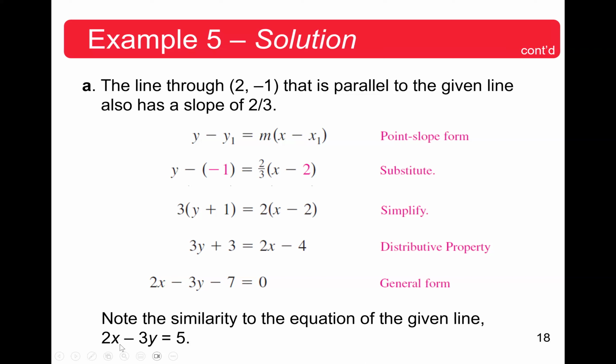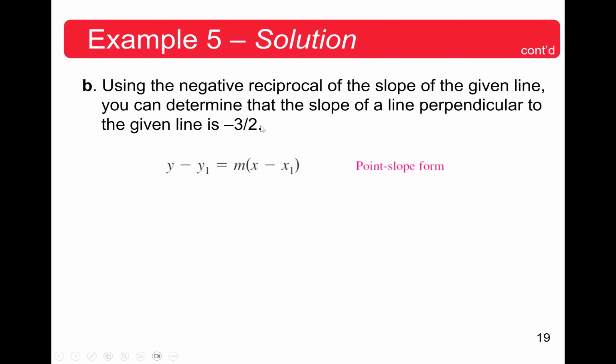So this is the case when the line is parallel. Now when it's perpendicular, it's the same line, so the only thing that will change here is the slope. Now the slope is -3/2. So we plug in our point and the slope: -1 for y1 and 2 for x1.